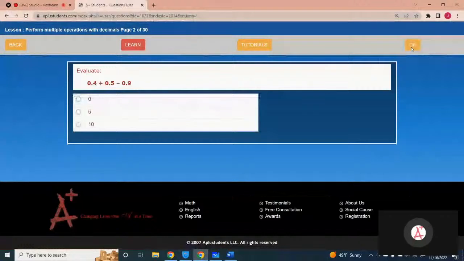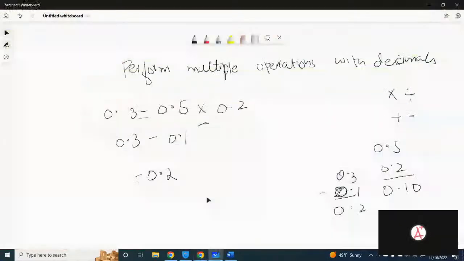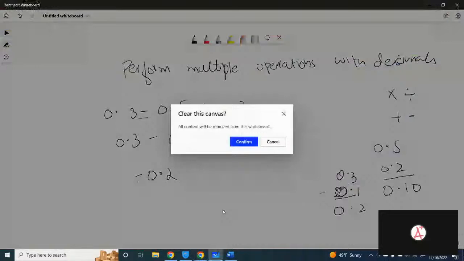Okay, the next one is 0.4 plus 0.5 subtract 0.9. Okay, so multiplication and division are on the same level, and addition and subtraction are on the same level. Got it? So you have to do from left to right.